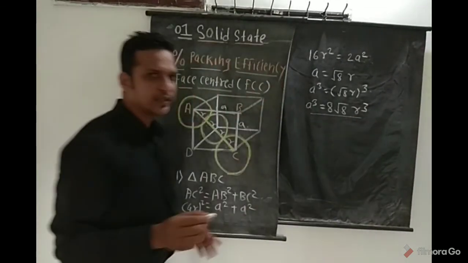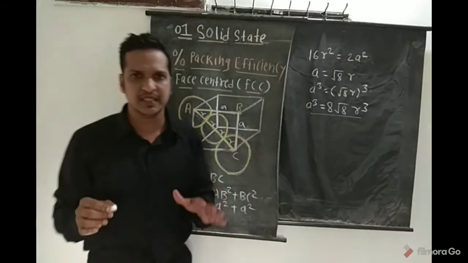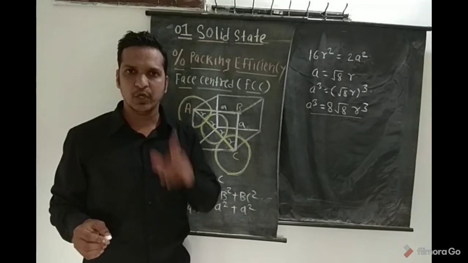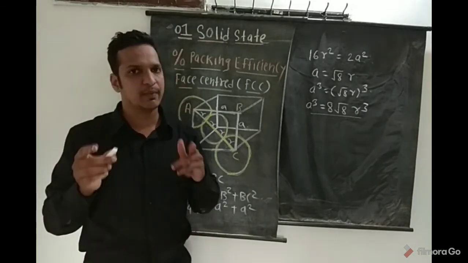Now we know that FCC contains a total of 4 spheres, or 4 atoms, and the volume of one sphere is equal to 4 by 3 pi r cube.